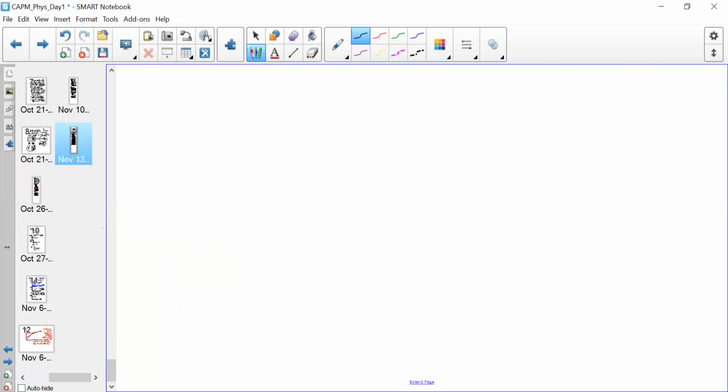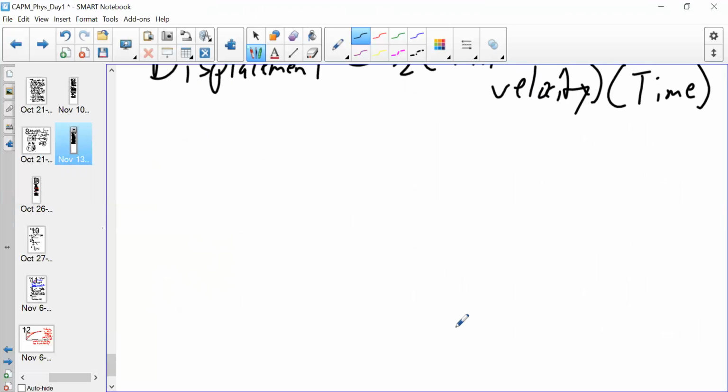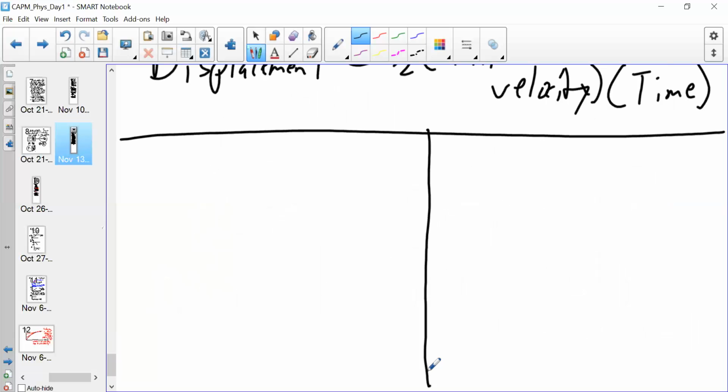Let me see if I can do these side by side. All right, so I wrote up this guy, delta x, vi. I'm just going to write this t. T means final minus initial because it just gets cluttered. Please ask away just in case you missed why I'm writing just t.